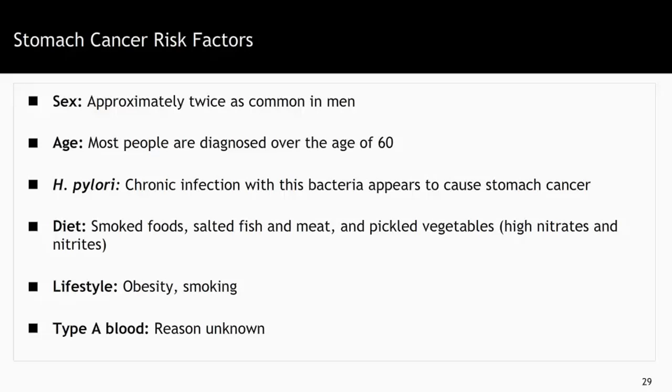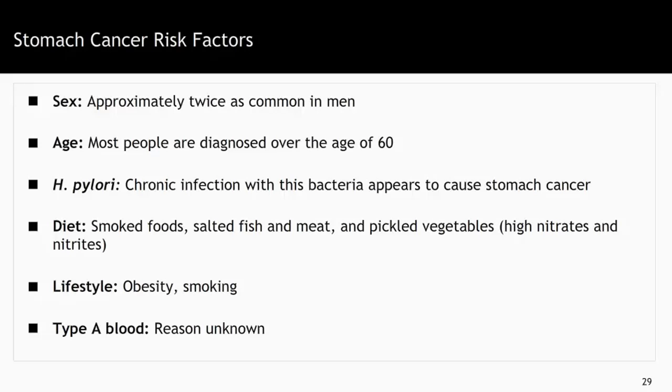Ulcers that remain untreated cause further damage to the cells in the lining of the stomach and can lead to stomach cancer. Similarly, a diet that's high in smoked foods, salted fish and meat, and pickled vegetables, foods that contain high nitrates and nitrites, are a major cause of stomach cancer.